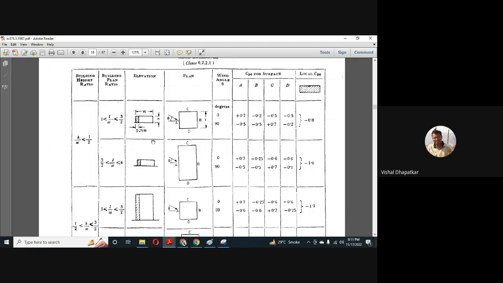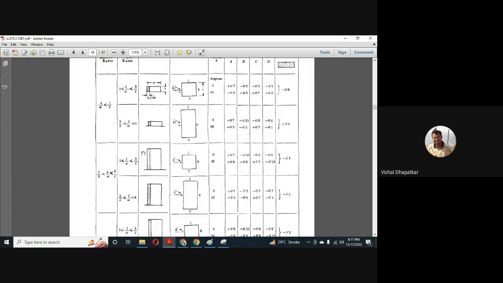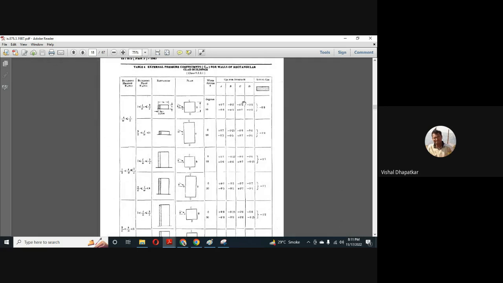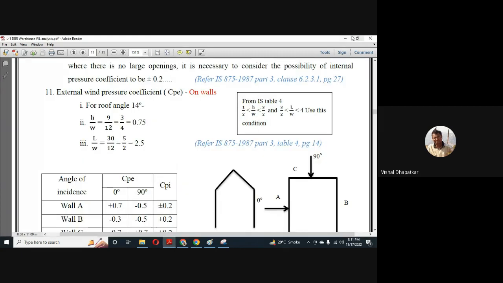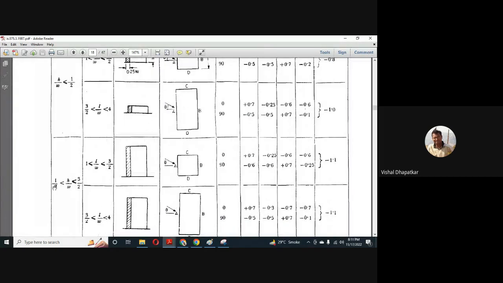As per code, they have given some criteria, like height to width ratio less than 0.5, and length to width ratio less than 1, greater than 1 but less than 1.5, and greater than 1.5 but less than 4. Based on these conditions, we have to select the force coefficient for the external pressure. In our case, the height to width ratio is 0.75, so we are greater than 0.5 but less than 1.5.